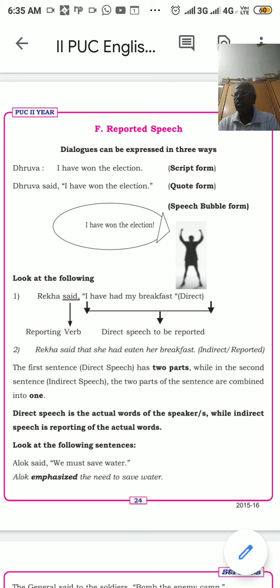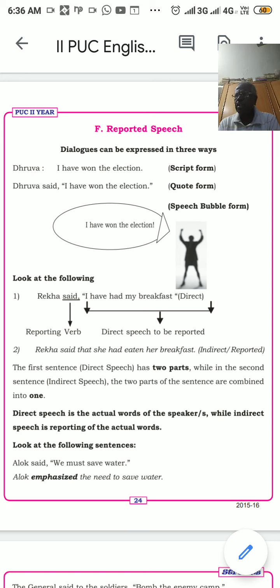This becomes: Suma said that she had been doing the homework. Had been doing. This is past perfect continuous. Past perfect continuous is formed by had plus been plus ing form. Then past continuous is formed by be form plus ing form, was or were plus ing form.